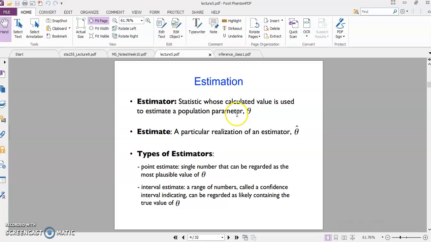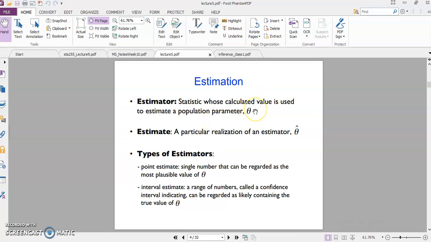Such a statistic is used to estimate the parameter theta. So in T statistics, you use the T statistic to check whether the sample mean is equivalent to the population mean. The same way, here the estimator is a statistic whose calculated value is used to estimate a population parameter theta.